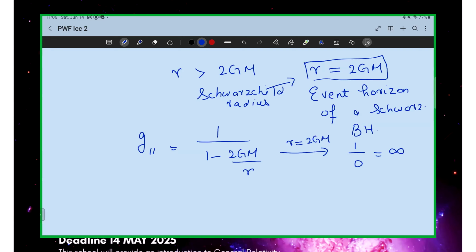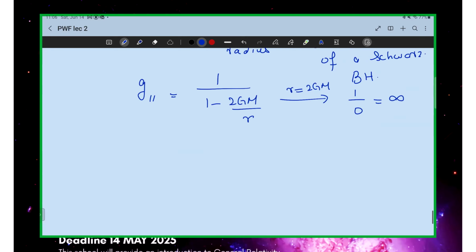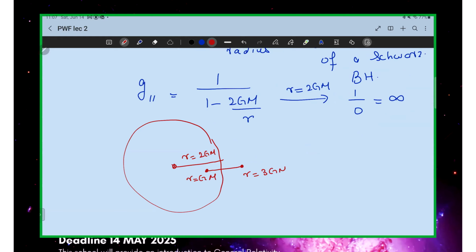One thing that you can try to do, and I will encourage you to do this calculation, is that if you have this black hole and this is r equals 2GM, and you start from a point which is a bit less than r equals 2GM and you end at a point which is greater than r equals 2GM, so for example, you start from r equals GM and you end at r equals 3GM, and you calculate the length of this line, this is finite, but it should not be finite if you have a singularity at the event horizon, right?